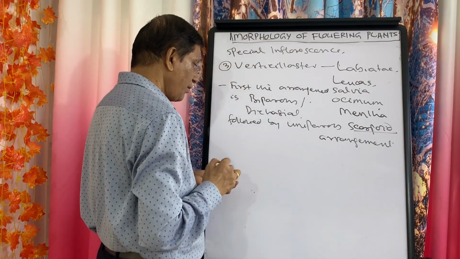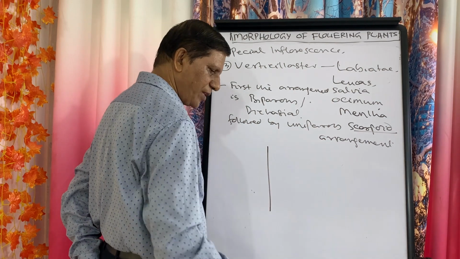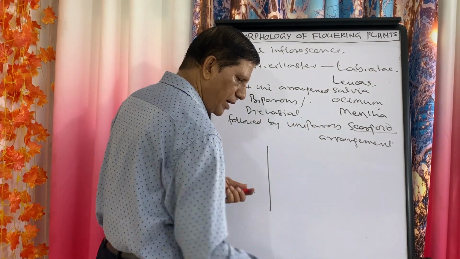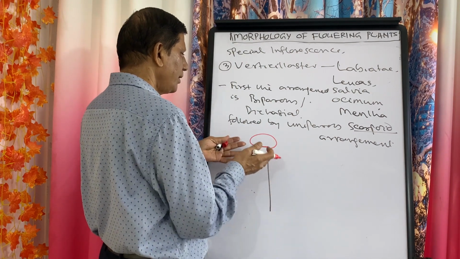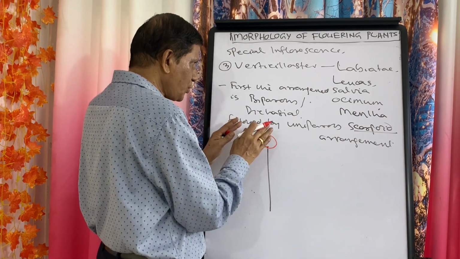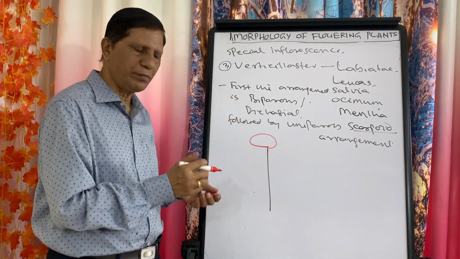So you see how it looks like. This is the axis. Now this axis terminates with one flower. So now it gives rise to as if it is a Cymose type of inflorescence.